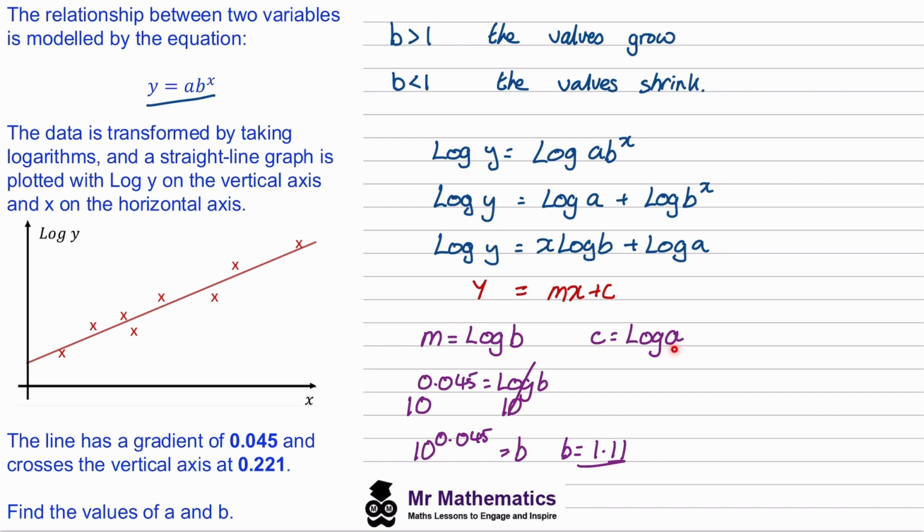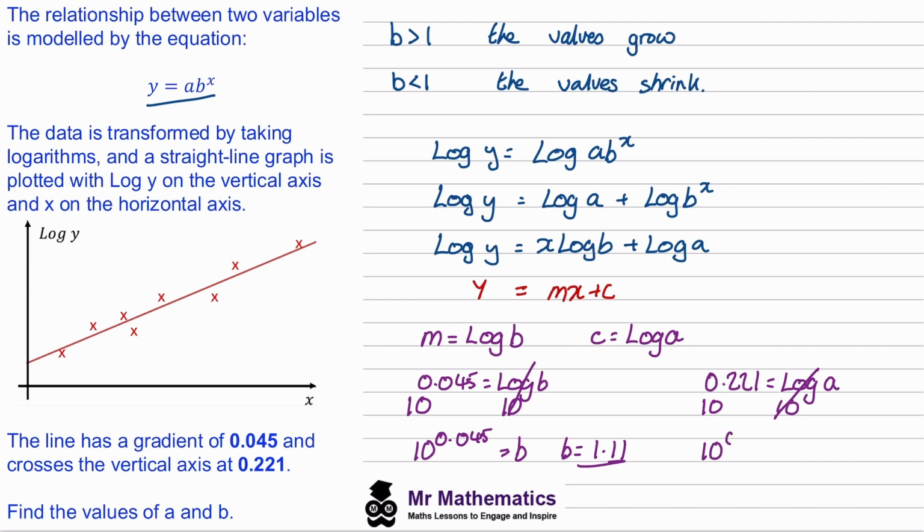And then to find the a term, well, we're given our intercept as 0.221. That's this value here. So the intercept will equal the log of a. And again, if we raise 10 to the power of both sides, these two will cancel.